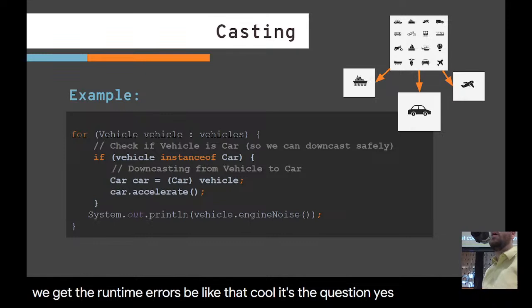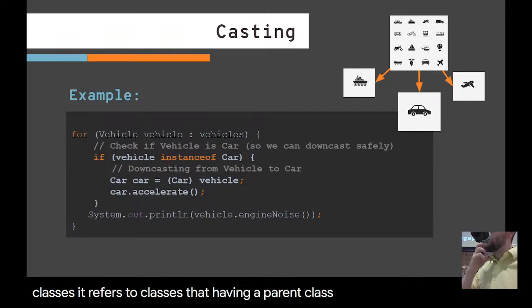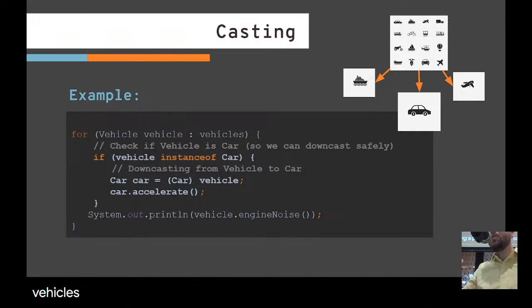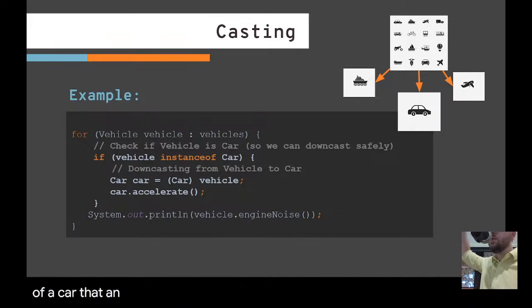Not only abstract classes. It refers to classes that have a parent class. And so whether or not vehicle is abstract isn't important at this level. So we could create a new instance of car that inherits all the stuff from vehicle.